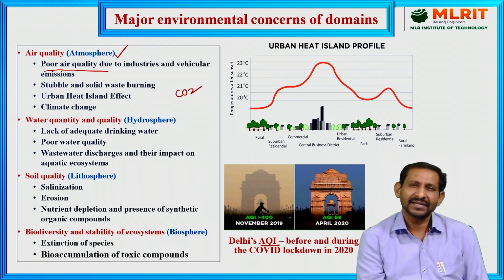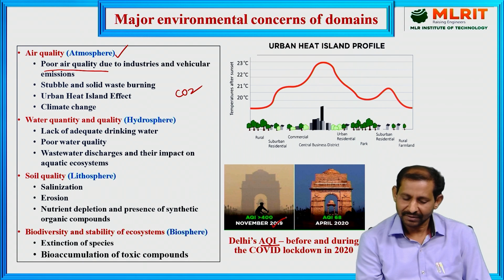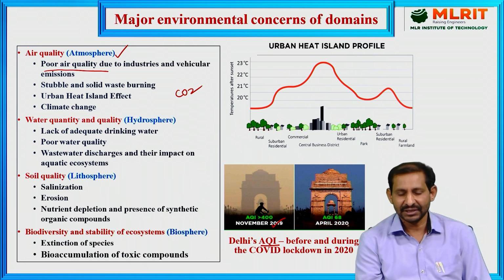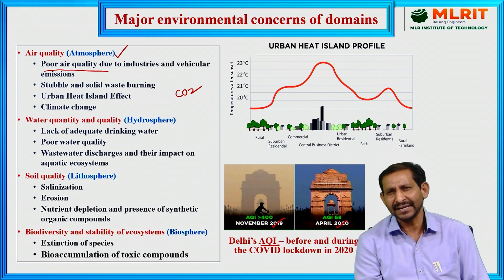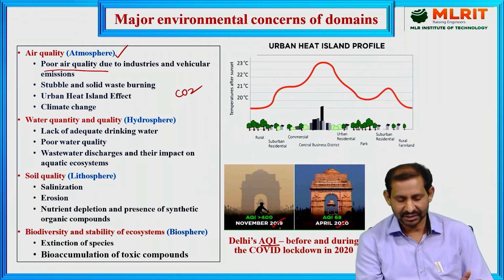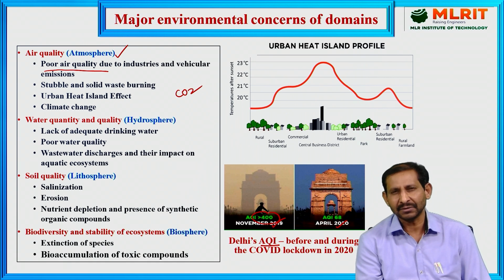One recent case study compares before COVID, in November 2019, and during COVID, in April 2020, taking Delhi as the reference. Before COVID in 2019, the air quality index was more than 400 because a lot of pollution was created, with industries working and heavy vehicular emissions.